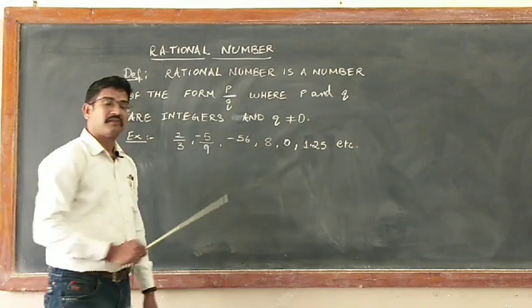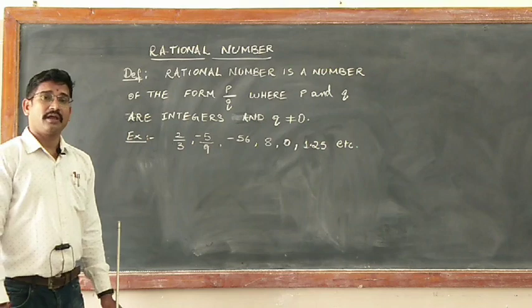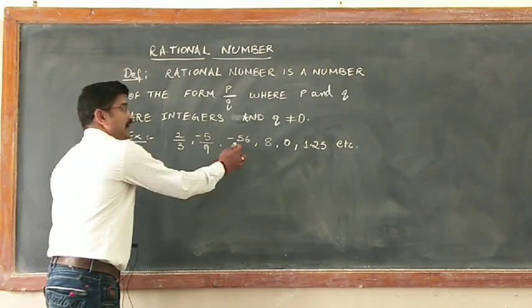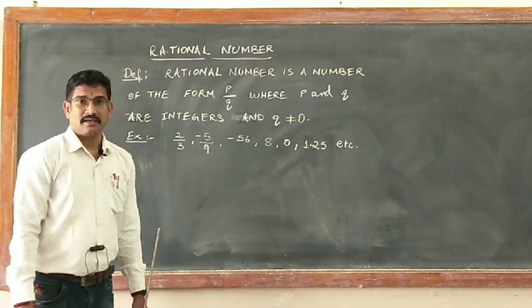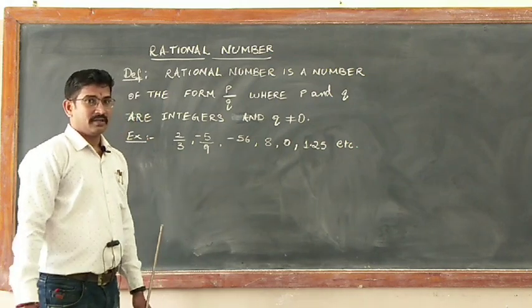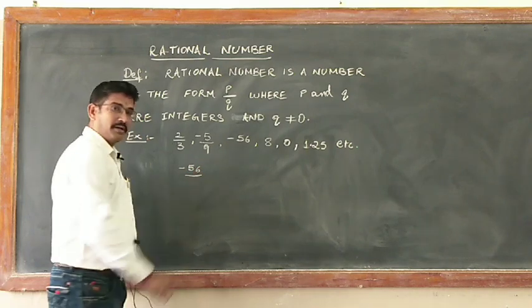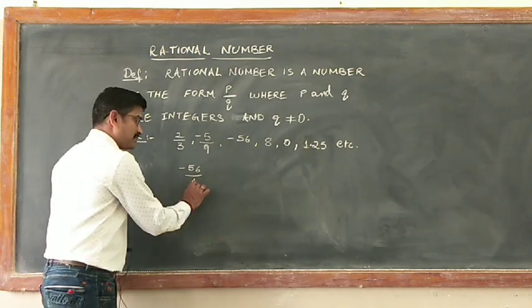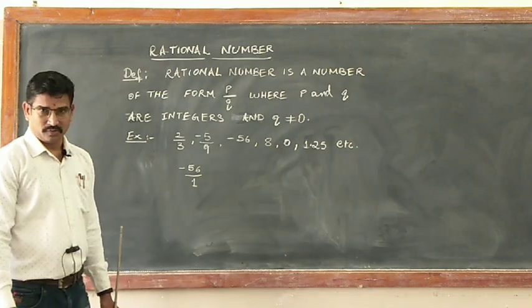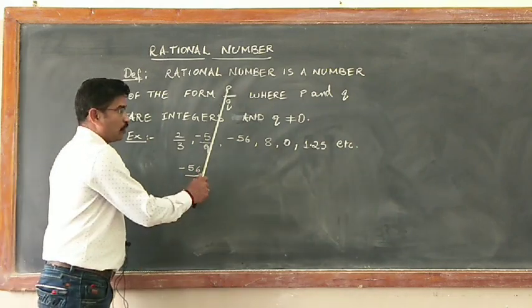Next, minus 56 is also a rational number. You may get a doubt how this integer minus 56 is a rational number. I explained to you yesterday how minus 56 is also a rational number, as it can be written as minus 56 upon 1, satisfying the condition of a rational number.